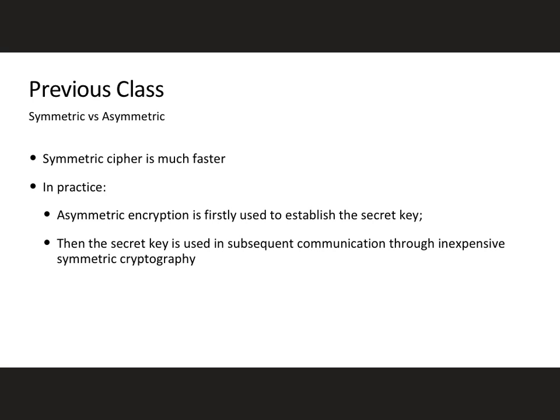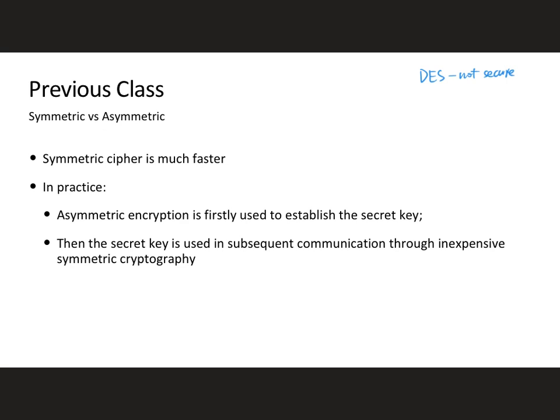A pair of keys gets generated, and one of the key pair is used for encryption, and the other one is used for decryption. Also, you should know that DES is not secure anymore, so you should not use it anymore.